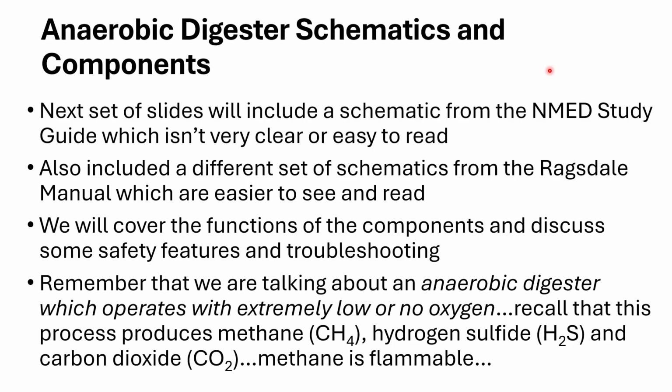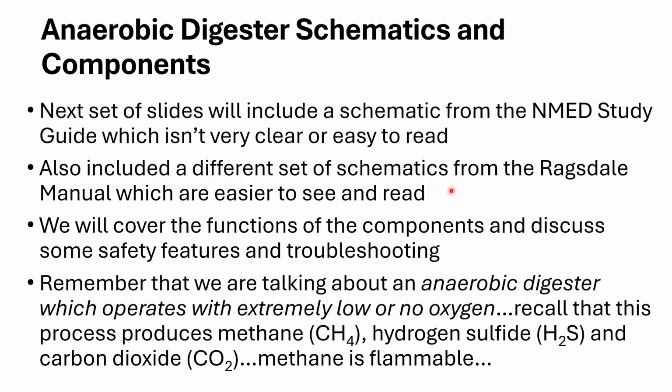I put a schematic in there from the NMED study guide, but I got to tell you, I couldn't read it very well. So I said, you know what? Let me show it to you. If you can read it well, fantastic. I could not. Because of that, I also put in on the next couple of slides schematics from the Ragsdale manual, which I think you can see and you can read.